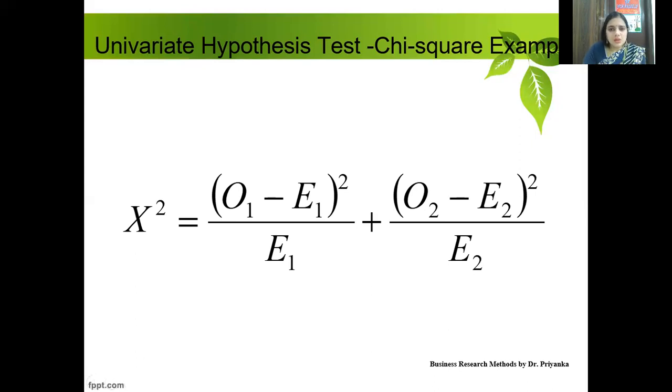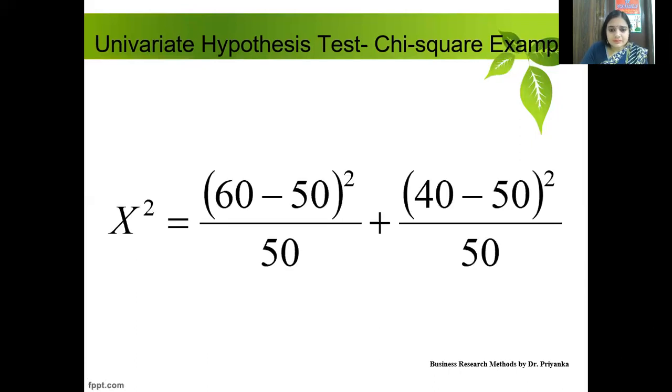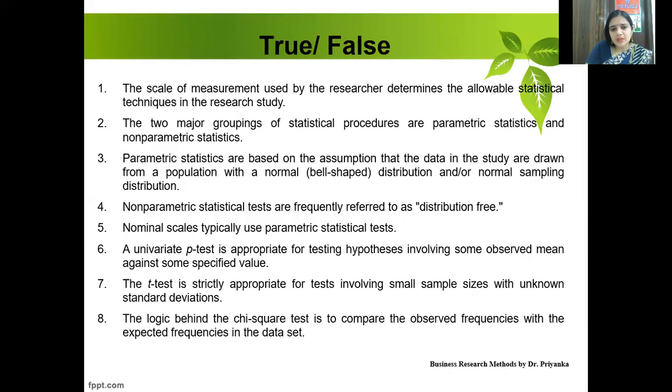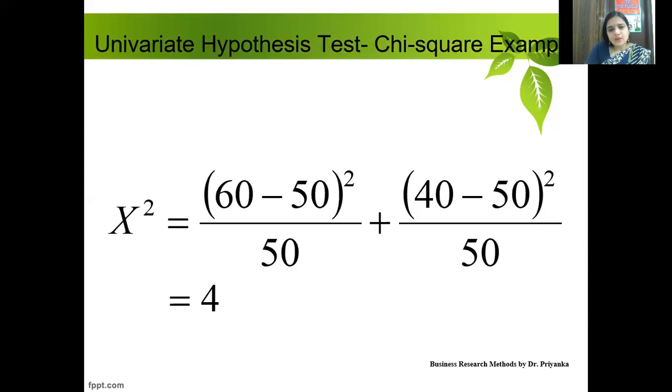Sometimes numericals also come on the chi-square test. You can put in the values if you have any example with you, and you can calculate it. You'll get the chi-square values, and again with the help of the same formulation you can calculate upper and lower limits and determine whether the test is significant or not.